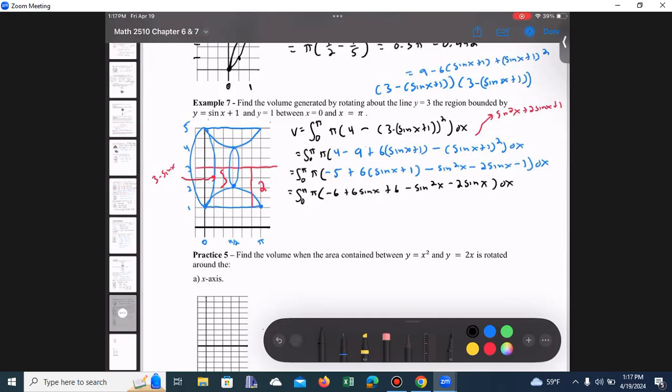Alright, so some of this can be put together. Negative 6 and the 6 cancel. Then you'll get a 4 here as you combine it with that. So we are at 0 to pi, 4 sine x minus sine squared x.